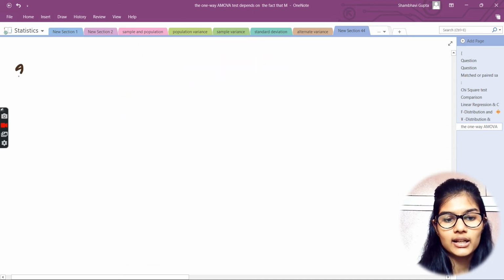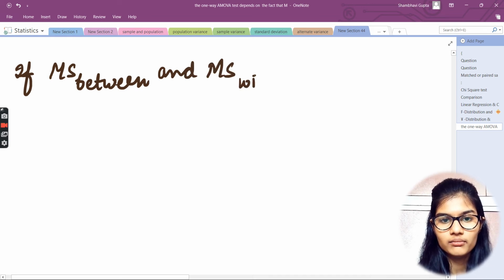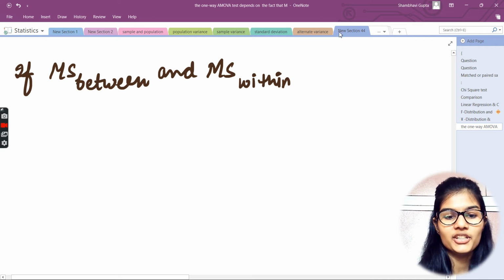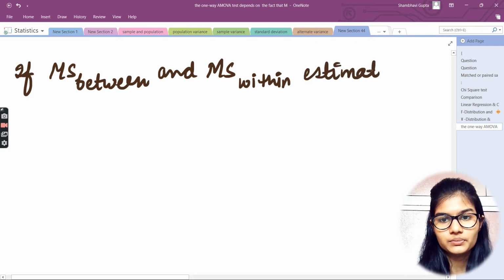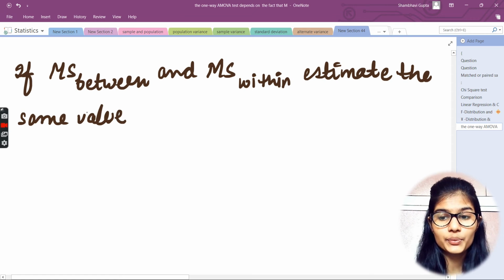So here we go. If MS between and MS within estimate the same value, now when can both of these estimate the same value?